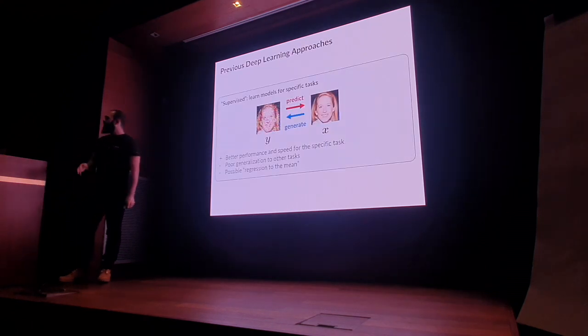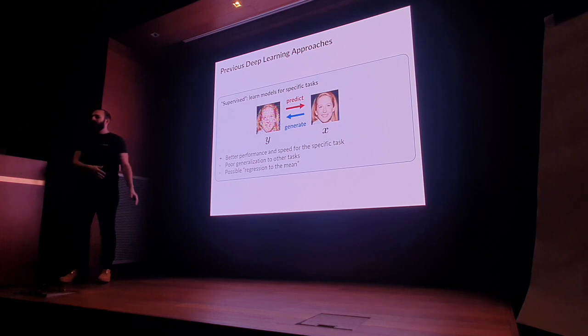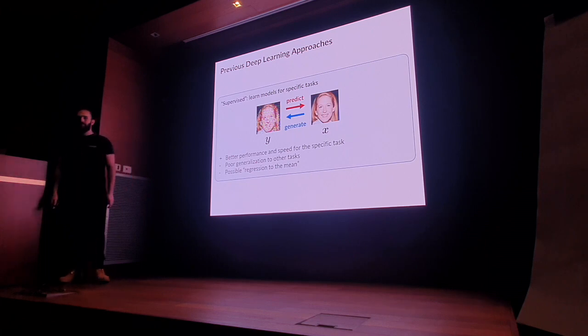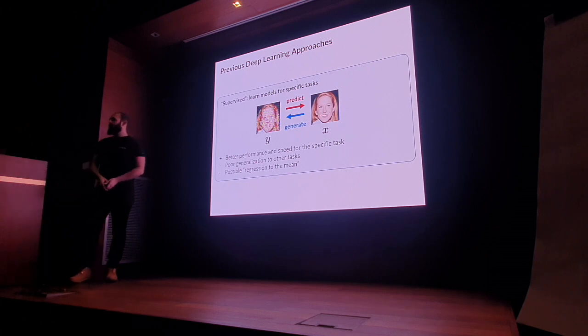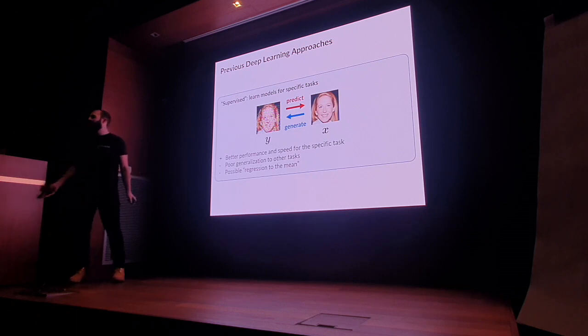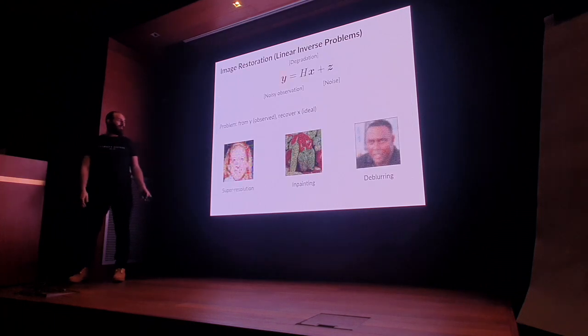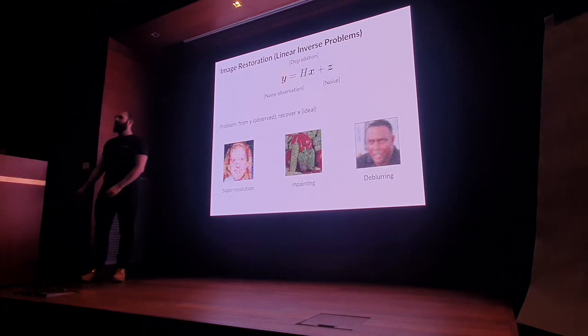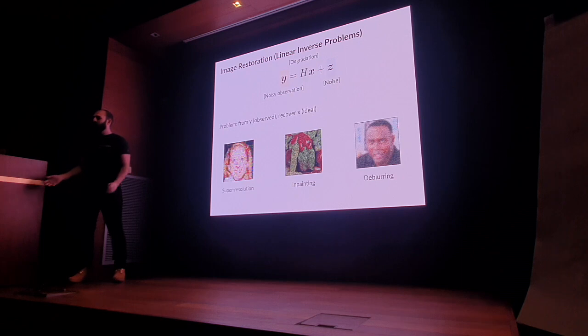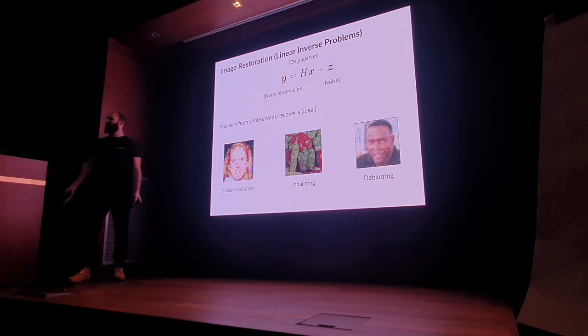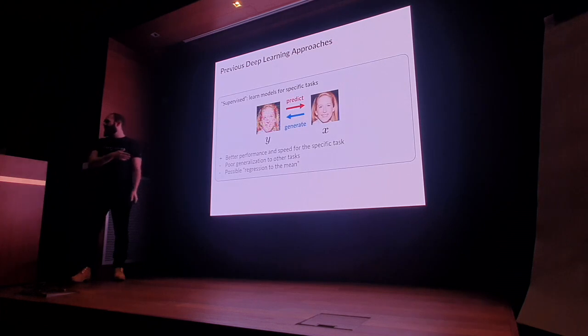So just a couple of words of how the deep learning community previously approached these problems. So one way was, well, anybody who took machine learning 101 course would tell you, okay, so you have your degraded images, you have your clean images, just take a data set and throw it in a neural network, right? Give it to a neural network and ask it to, given Y, predict X, right?